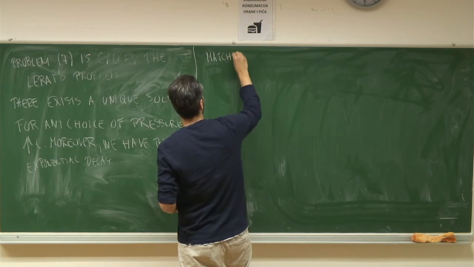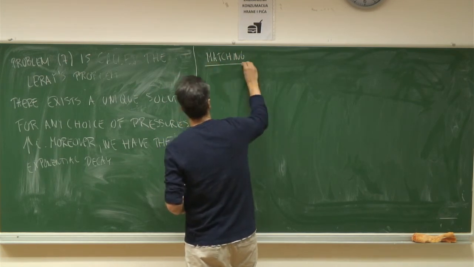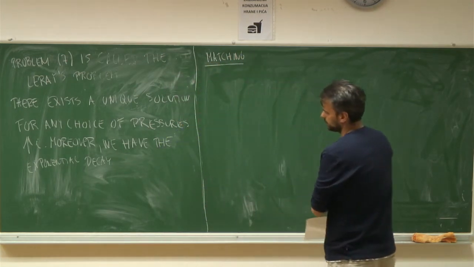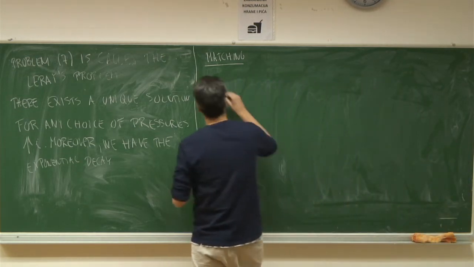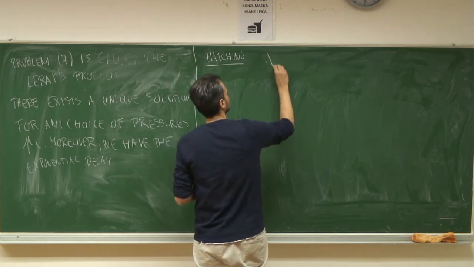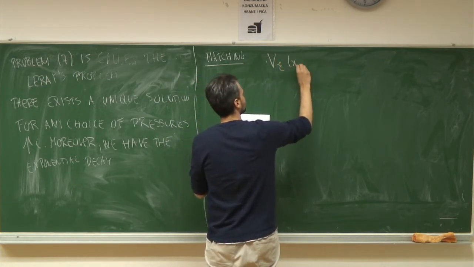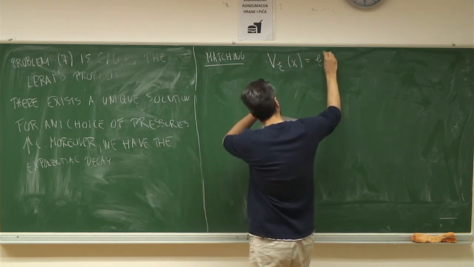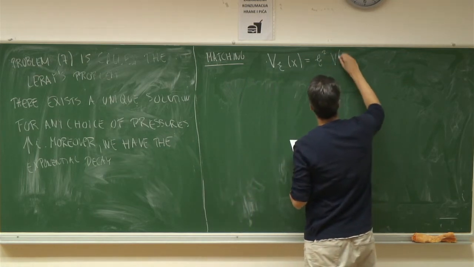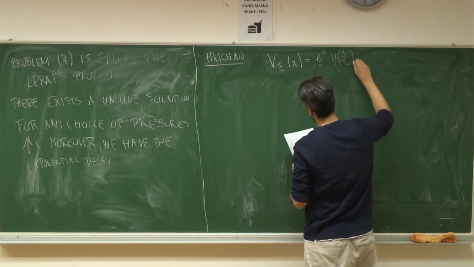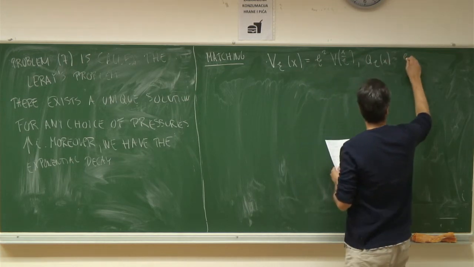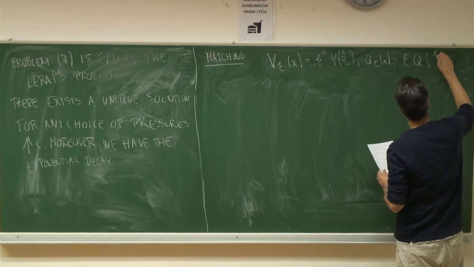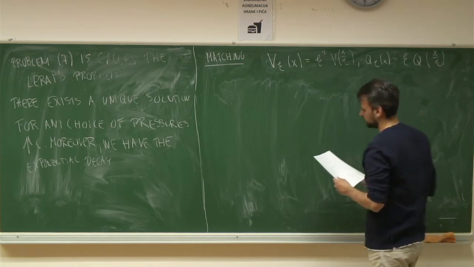In some way, you need to match this, as I said, solution inside the junction and the Poiseuille solution. So you have these two. We have v epsilon of x is epsilon squared v of x over epsilon, and q epsilon of x is epsilon q of x over epsilon.